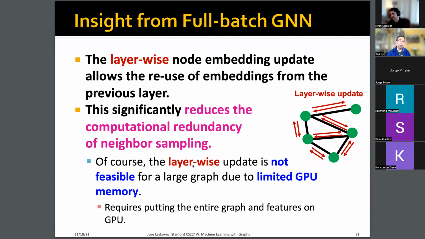So this layer-wise embedding, we've already talked about this a couple times, so I won't go into too much detail. But sometimes it's not possible to fit the entire thing into GPU memory. But we will typically get around that by doing some form of subsampling or pruning or partitioning that will make it possible for us to handle that.